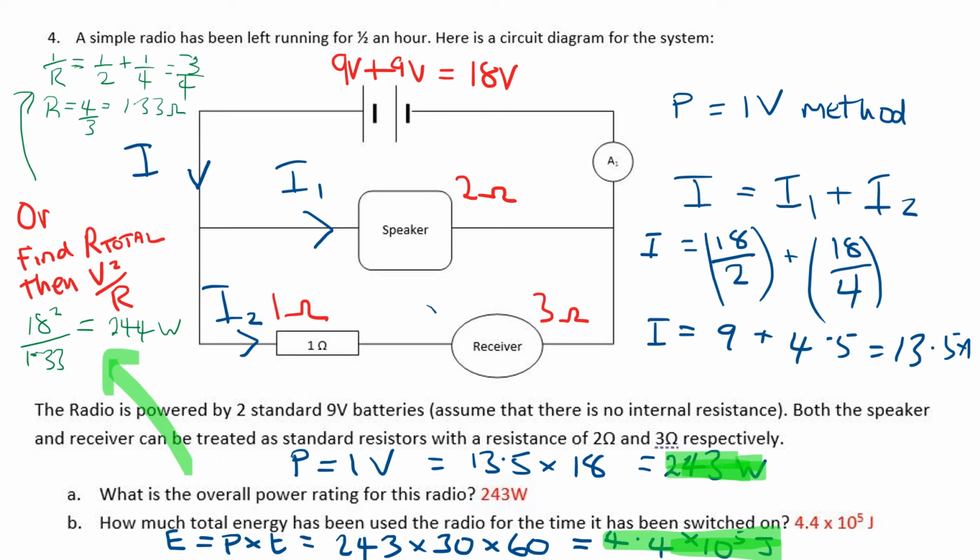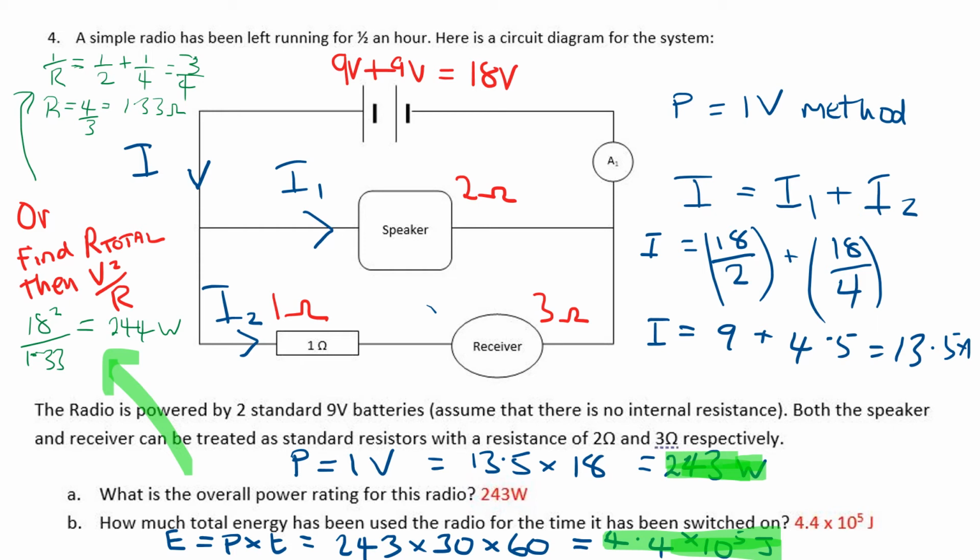So the half plus a quarter, which equals 3 quarters, and then R is the inverse of that, so 4 over 3, which equals 1.33 ohms, and then V squared over R becomes 18 squared divided by 1.33 equals 244 watts. I think the difference there is just in the chopping off the sig figs a bit to 1.33, it's 1.3 recurring, and that might get you a little bit closer to 243.